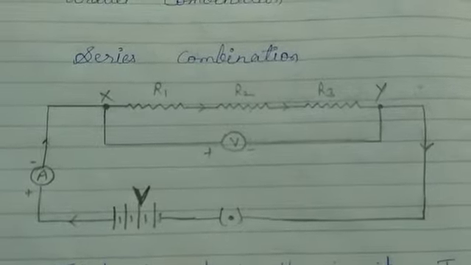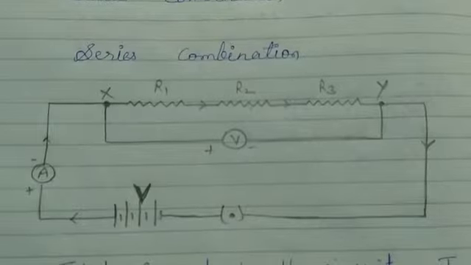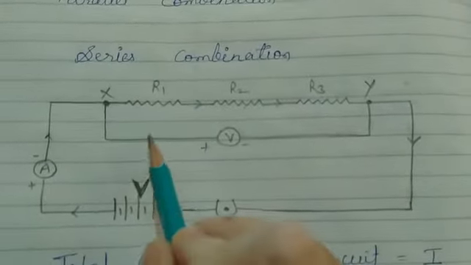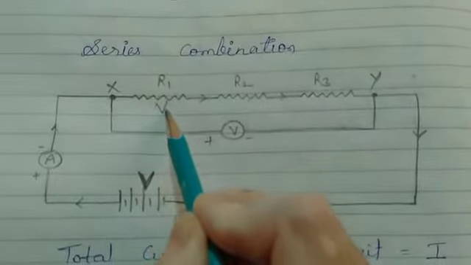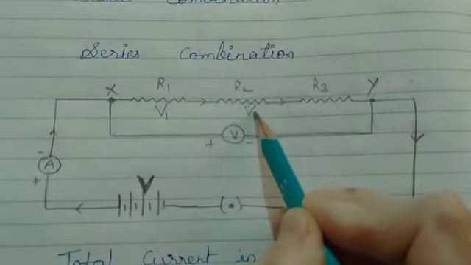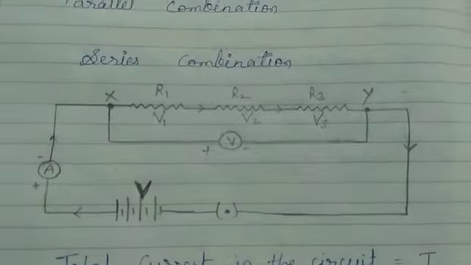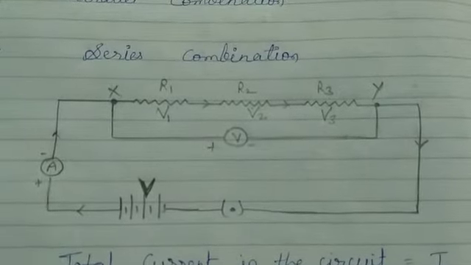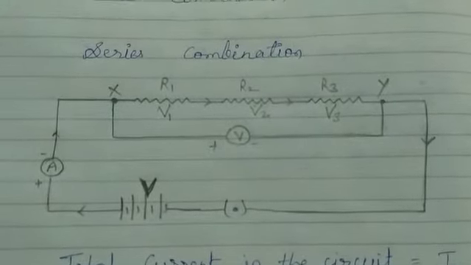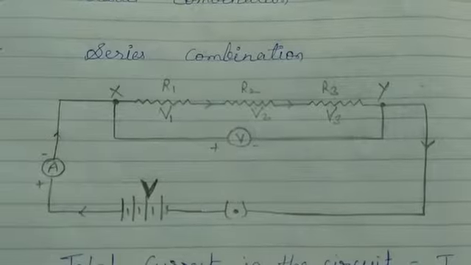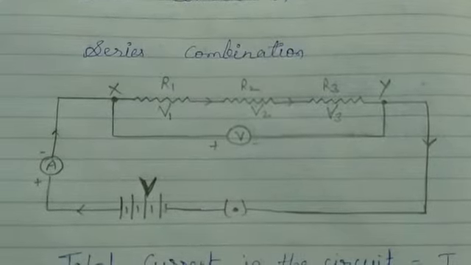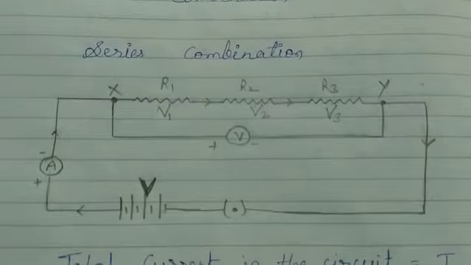That's why their voltages will also be different. Suppose the voltage here is V1, here V2 and here V3. So the first point you must remember is that in series combination the voltages across different resistors are different.